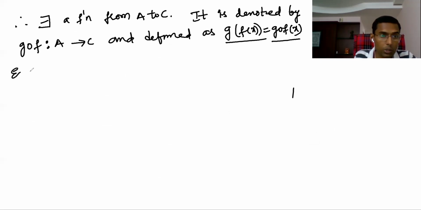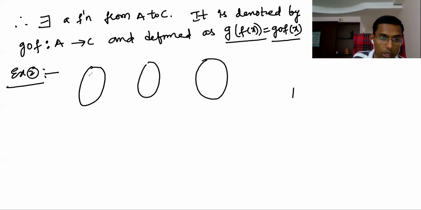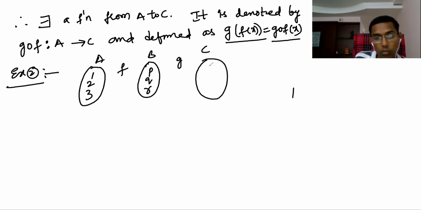Now I'll give another example. Let's take a second example. This is not new for you. I already explained this in relations, the composite relation. Here let's take another function. I am taking A, B, C. Here this is F and this is G. Let's take 1, 2, 3 here, and P, Q, R, and 5, 6, 9.